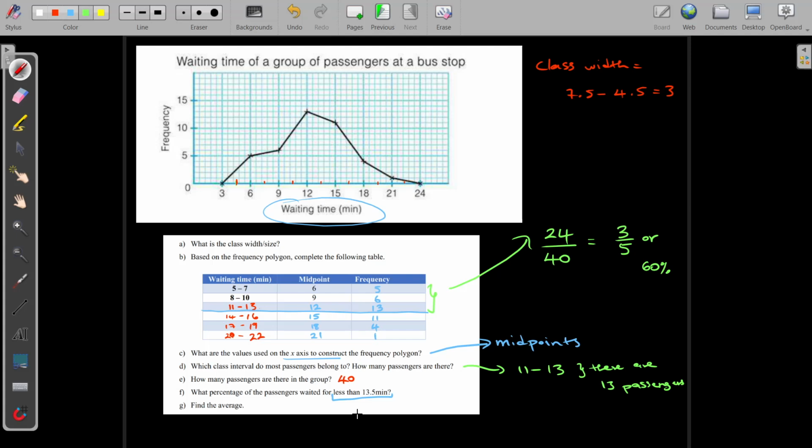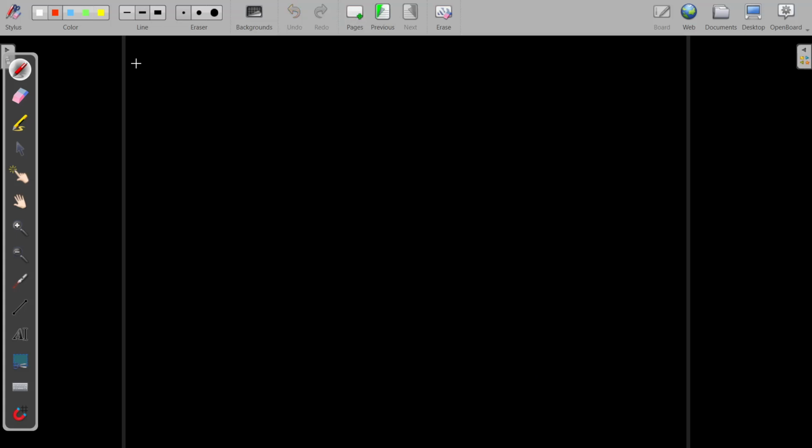No, for group data, would it be like when you find the mean? Yeah, that's the mean, the average. So it's saying find the average. This is the same thing as mean.